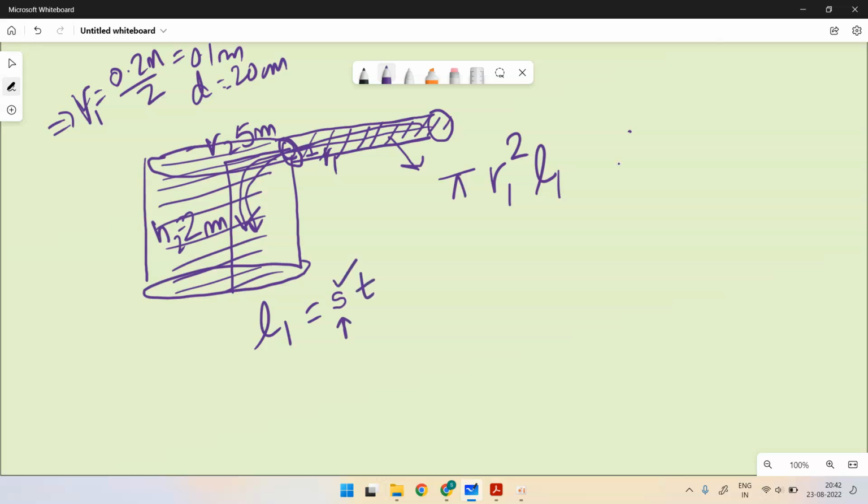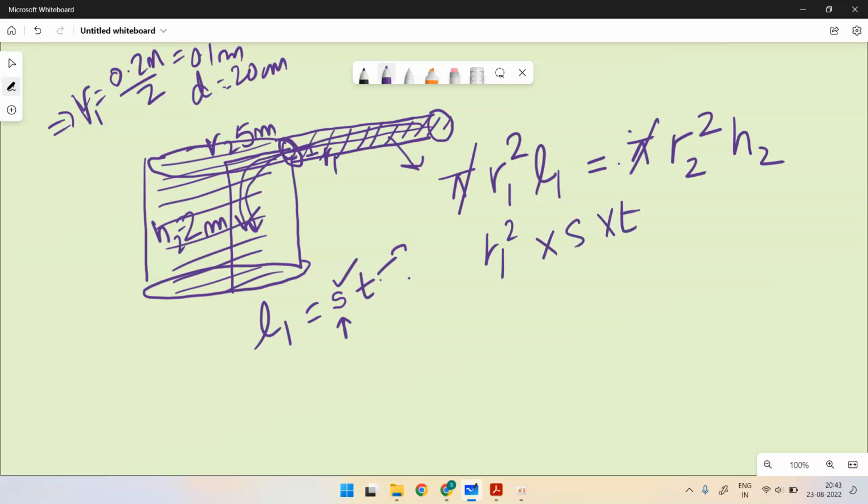This is given, this you need to find out. It equals volume of cylinder, pi R2 square H2. Pi cancelled. Now substituting the value of L1 as S into T, it equals R2 square H2.